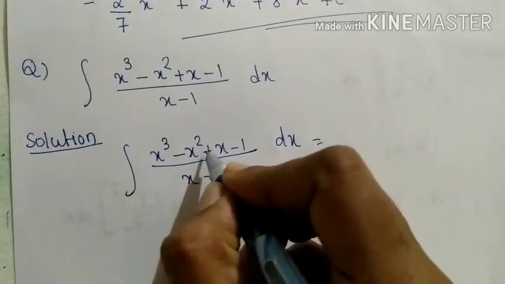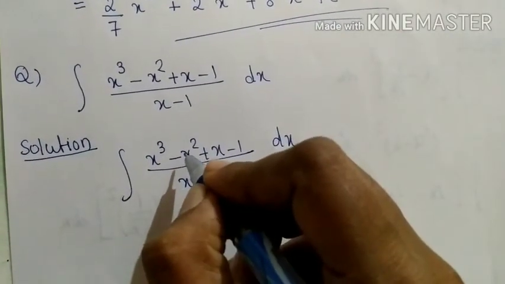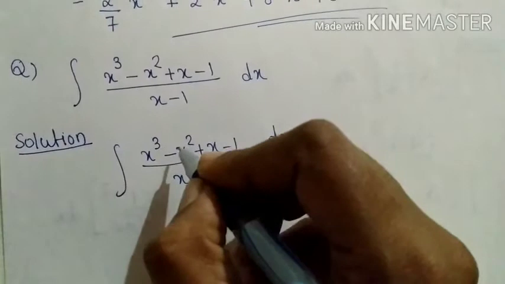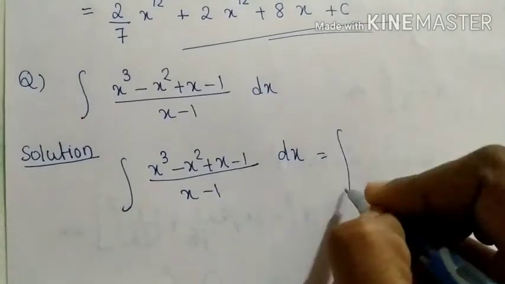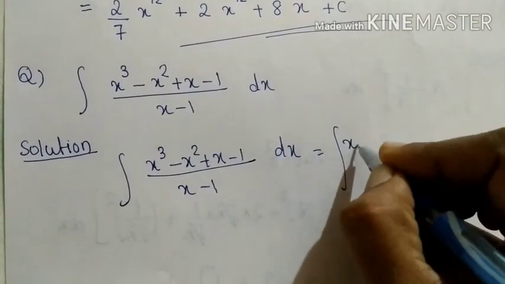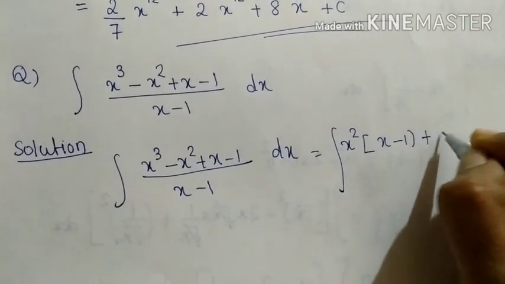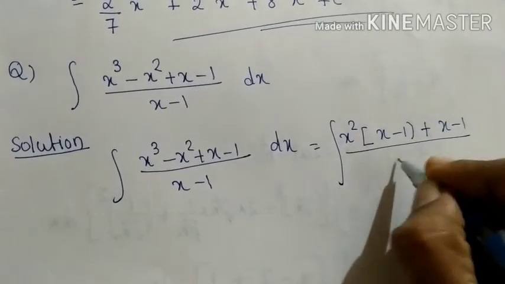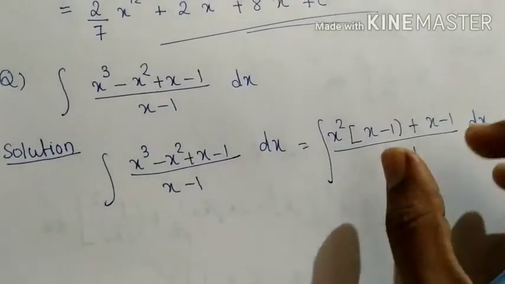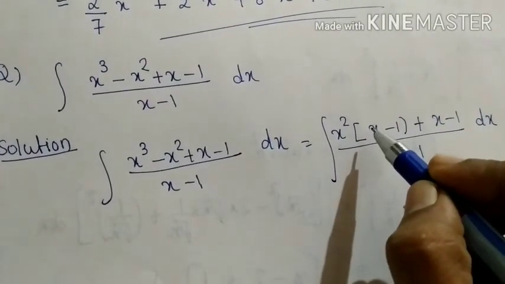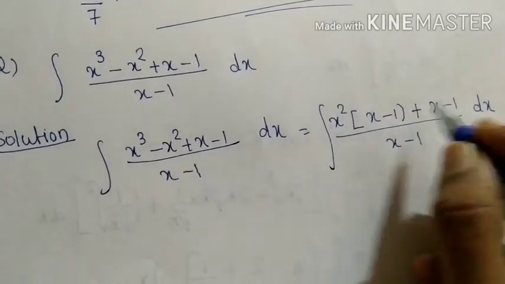If you observe, these two terms have x square as common. Taking x square outside from these two terms, we get x square into x minus 1 plus x minus 1 whole divided by x minus 1 dx. Okay, and if you observe in the numerator, x minus 1 is common in these two terms.